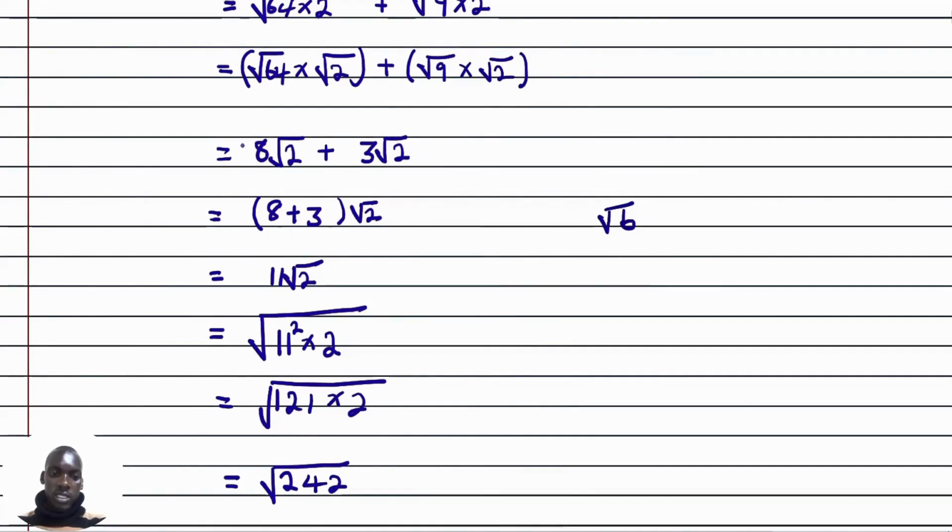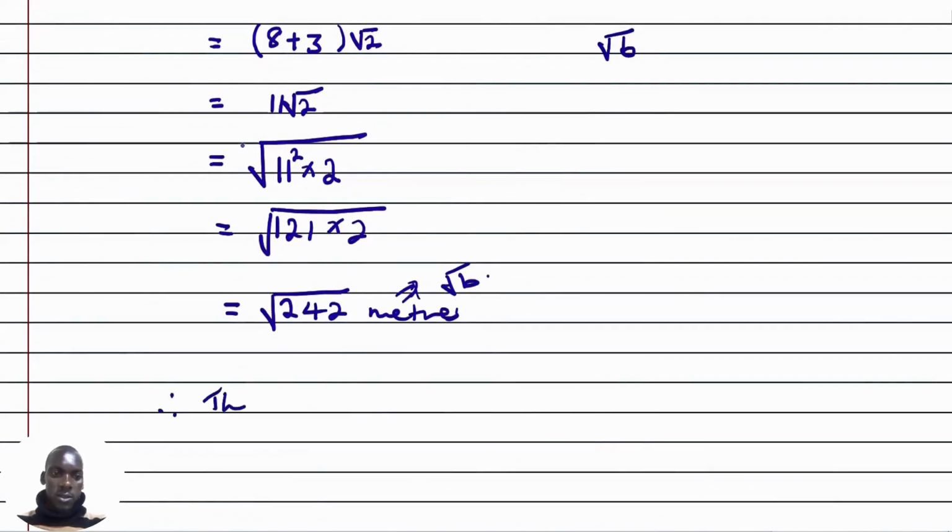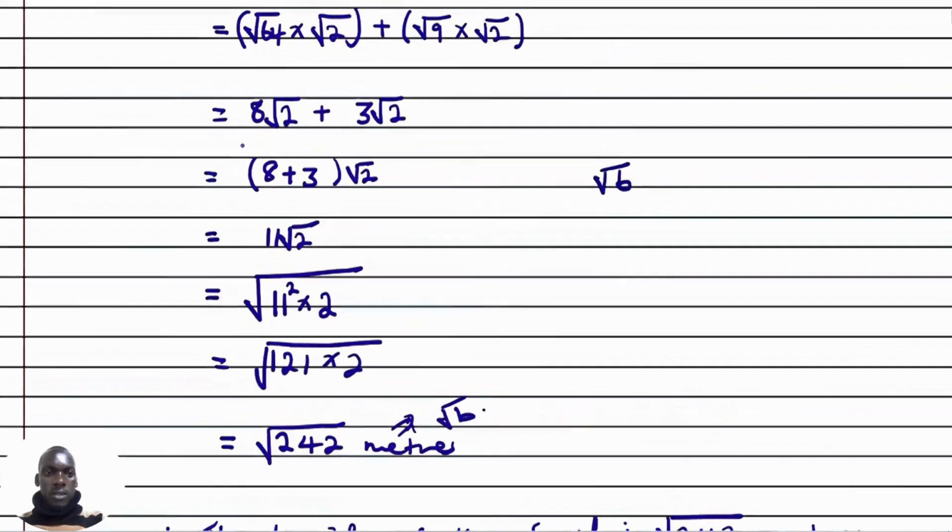We can see that it is in the form of root b, and this is in meters. We can now conclude that the length of the field is the square root of 242 meters. That has been part A of our item.